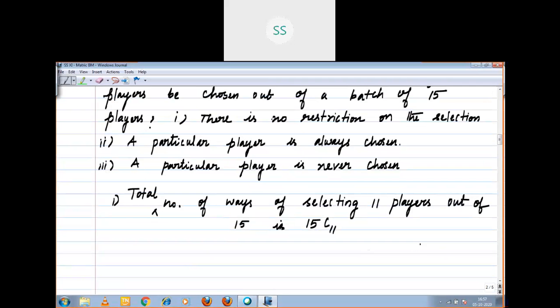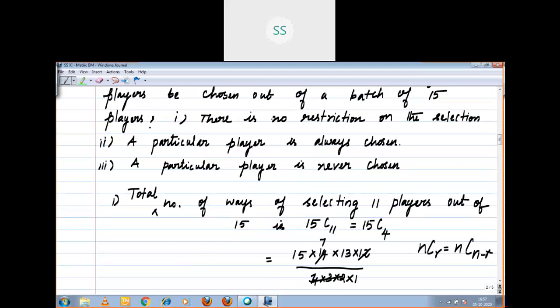15C11. How to calculate this? I gave a formula to you, right? NCR equal to NC N minus R. That means 15C11 equal to 15C4, which is equal to 15 into, based on R, you should expand your numerator. 4 terms you have to write in the reverse order. 15 into 14 into 13 into 12 divided by 4 into 3 into 2 into 1.